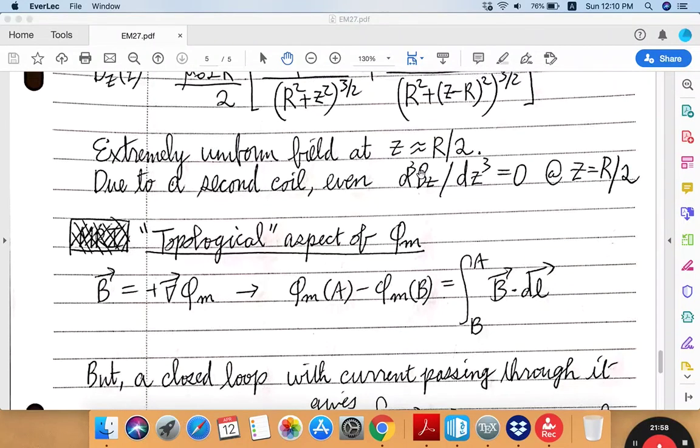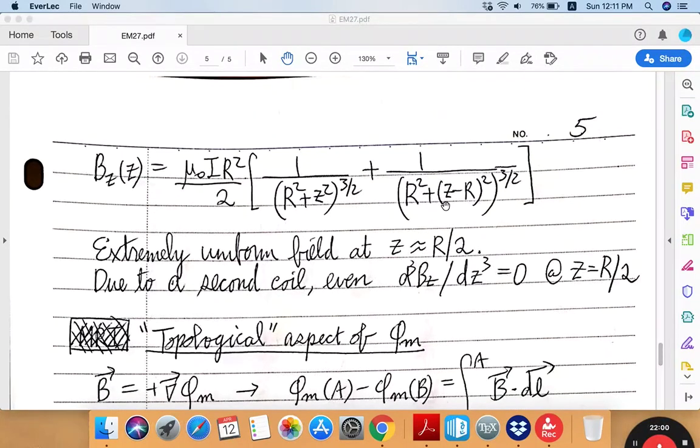So therefore, the first non-zero variation that you find in the vicinity of this midpoint comes from the fourth derivative, which is presumably a very weak effect.